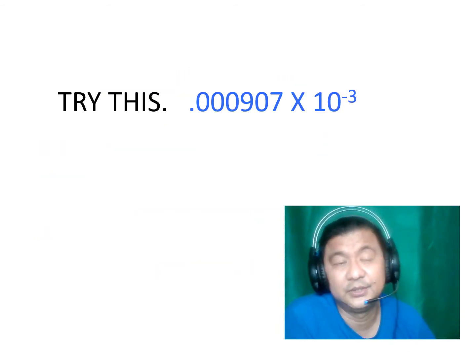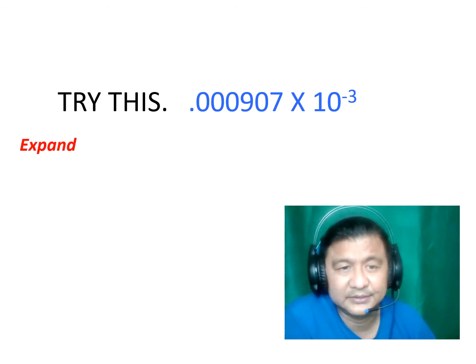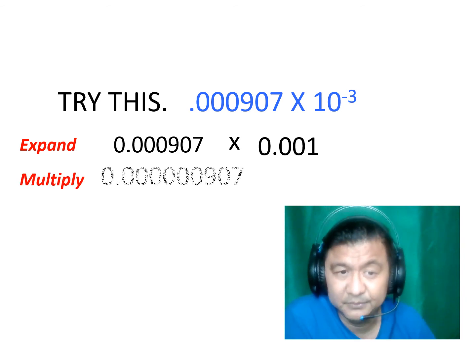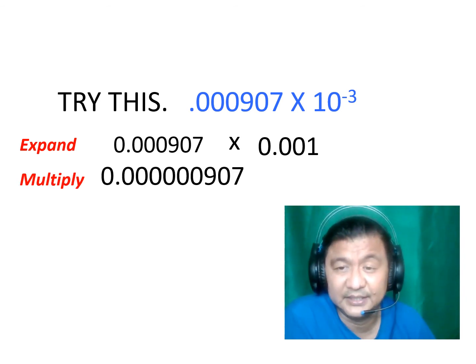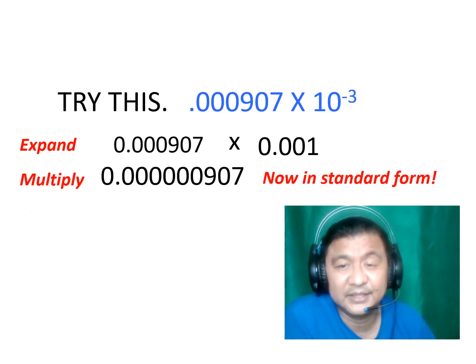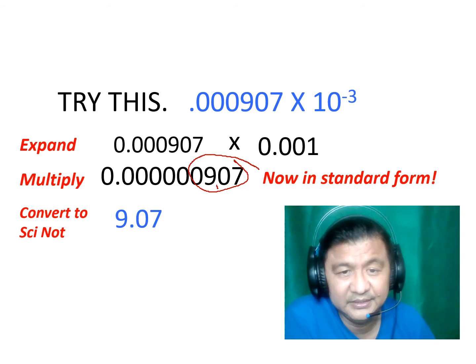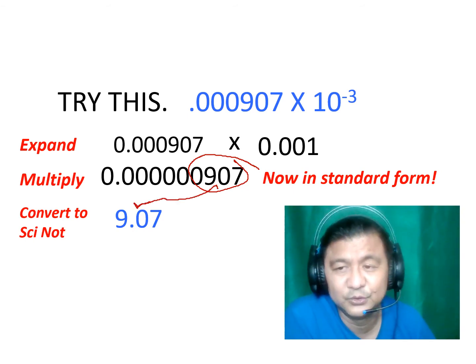Next, try this on your own. So again, expand to multiply, and then simply multiply. Now it's in standard form. Now you can adjust. That becomes 9.07. Where did that come from? From there. Since it's a smaller number, the decimal moved to the left.